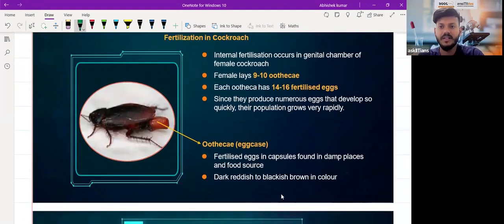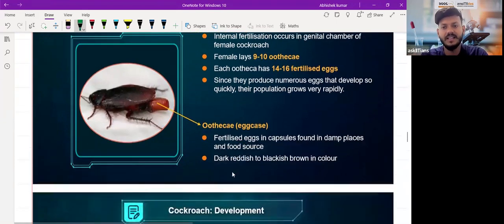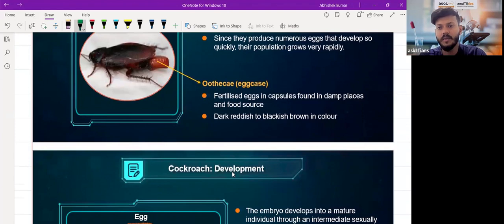Fertilization is internal, and the female lays about 9 to 10 oothecae, and each ootheca has 14 to 16 fertilized eggs. The ootheca is a capsule formed in damp places and food sources, right? It is dark reddish brown in color.